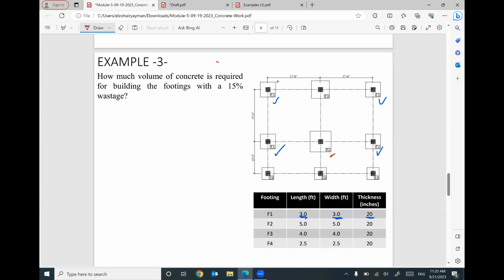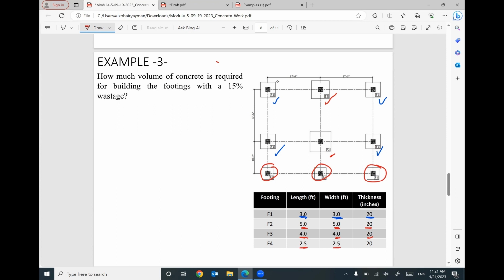This one is alone, F2, equal 5 feet length, 5 feet width, 20 inch thickness. We have F3, this is F3. This F3 is 4 by 4 by 20 inch. And we have the last one, F4, repeated 3 times. This F4 is 2.5 by 2.5 by 20.